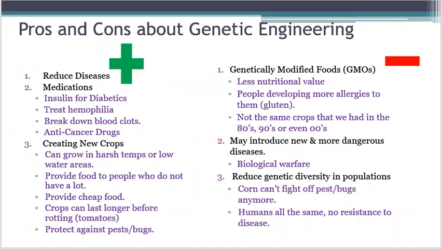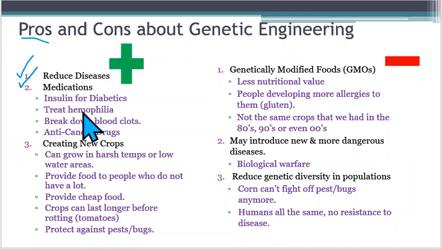There are a lot of pros and cons about genetic engineering, so pause the video and read through these yourself. But overall, the pros for genetic engineering is that we can reduce diseases. We can make vaccines. We can make preventative medications. Oh, medications, right? That would be number two.